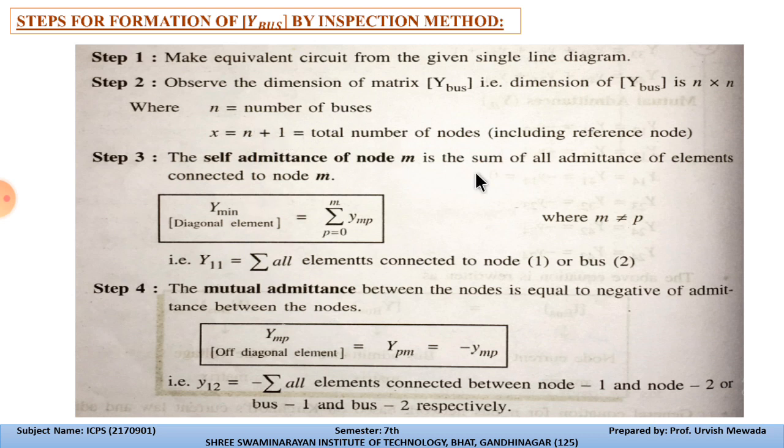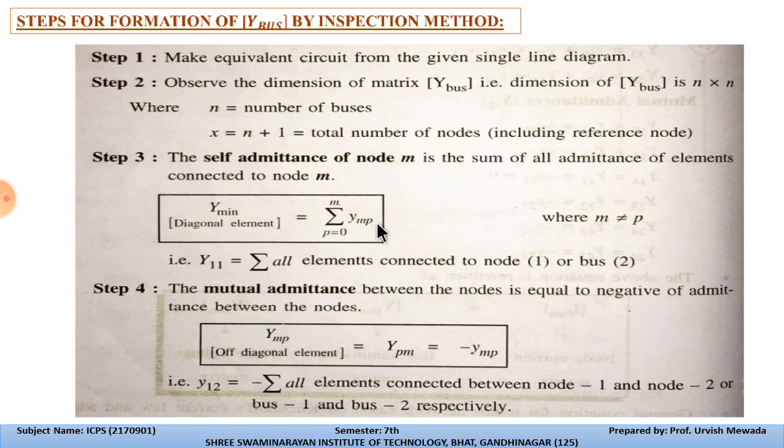So the self admittance of node m is the sum of all admittances of elements connected to the node. That's why it is the diagonal element. We consider p from bus number 1 to the nth bus, and for that it has its own admittance.